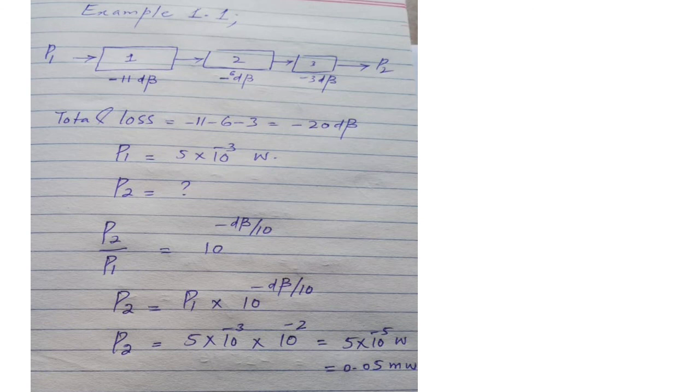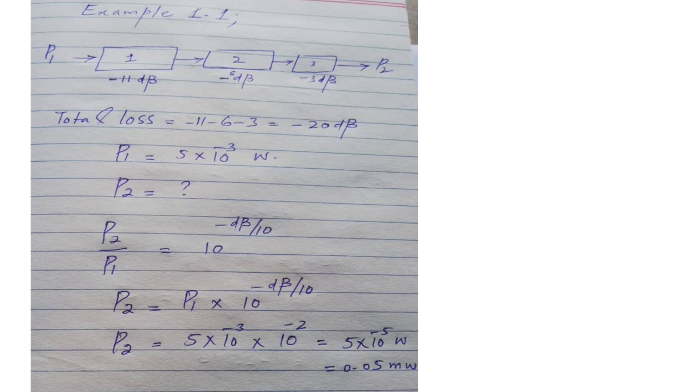We know the value of dB and the value of P1, so we rearrange the third last equation to get the second last equation, which gives you the output power: P2 is equal to P1 into 10 raised to power dB by 10.